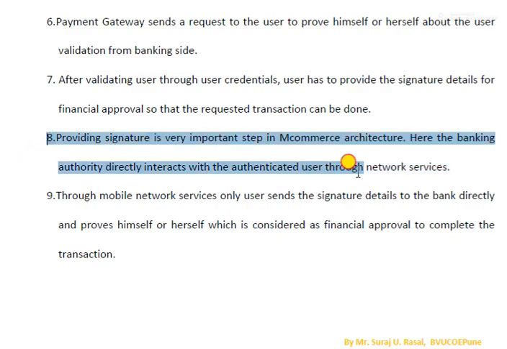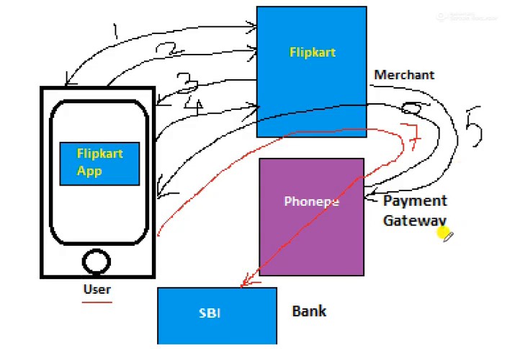The meaning behind this step is, it is fine that right now the user has entered the user credentials, that is username and password, and the bank is also ready to do the financial transaction. Now the bank is asking to complete the last remaining step, that is, just try to approve yourself before making the final financial transaction.